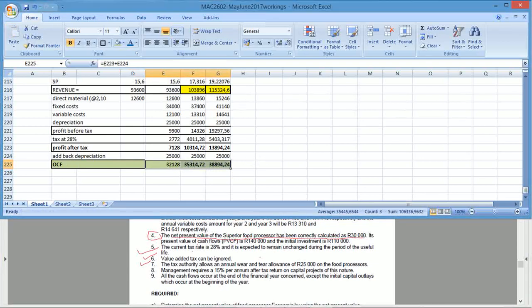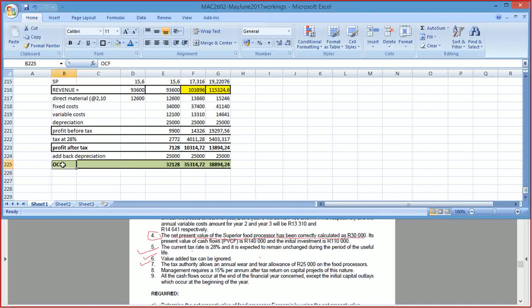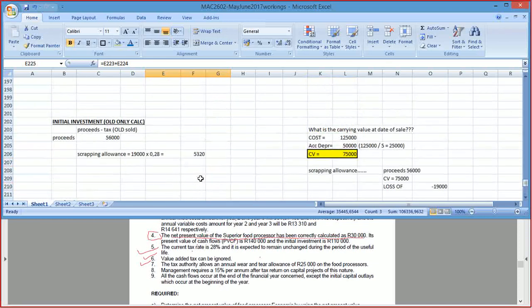See that? That's the operating cash flow for the old asset.